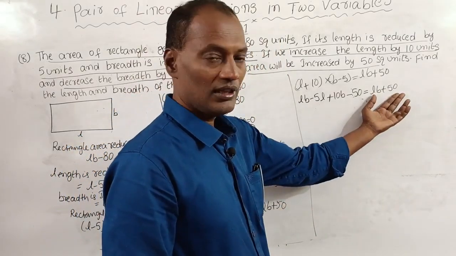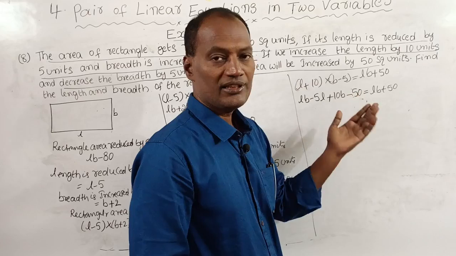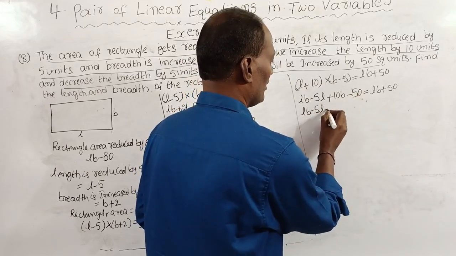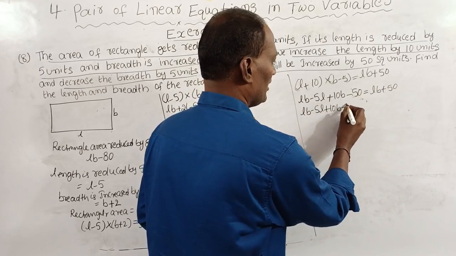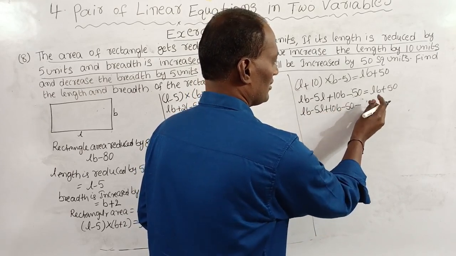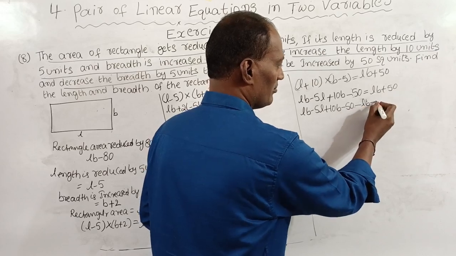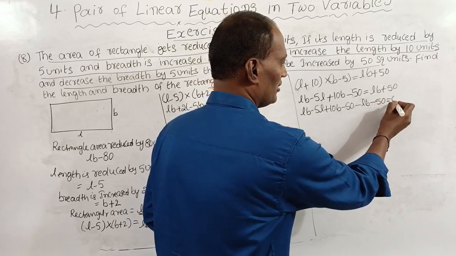Bring the total value to this side and make it 0. LB minus 5L plus 10B minus 50, minus LB, minus 50 equal to 0.